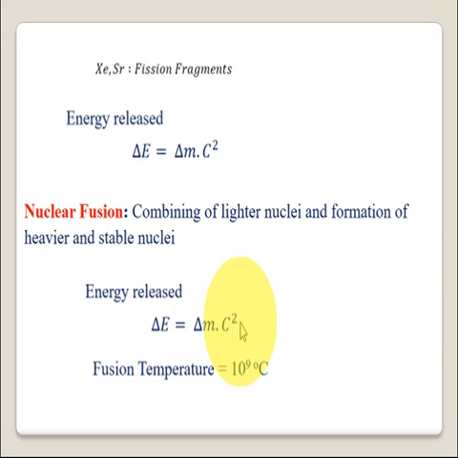To carry out this process, a very high temperature is required, which is 10 raised to 9 degrees Celsius, which is practically difficult. So nowadays, the nuclear fusion process is not used in nuclear power plants. Only nuclear fission is used, in which the heavier nucleus is broken by bombarding high energy neutrons on it.